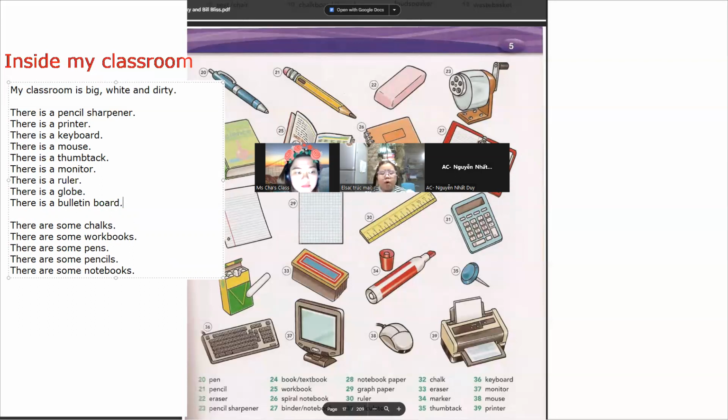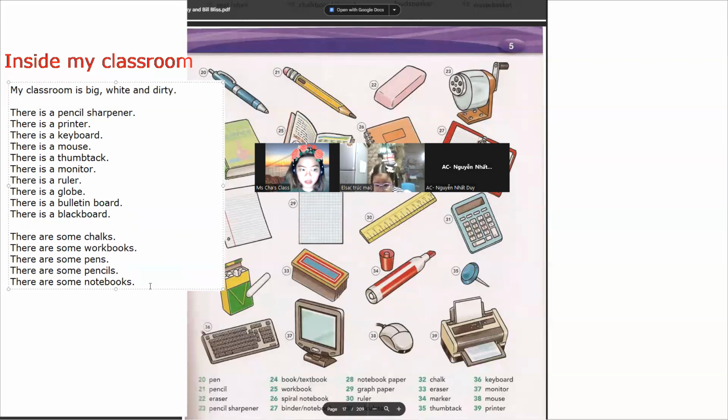There is a blackboard. How about a whiteboard? No. Okay. So you can put there isn't. There isn't a whiteboard.